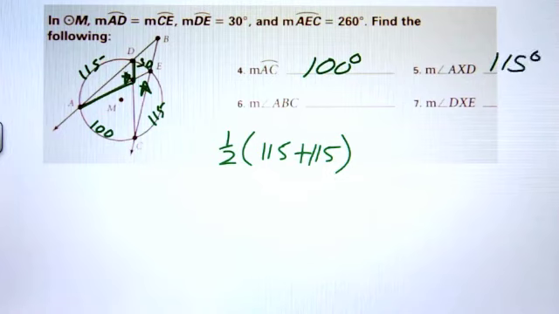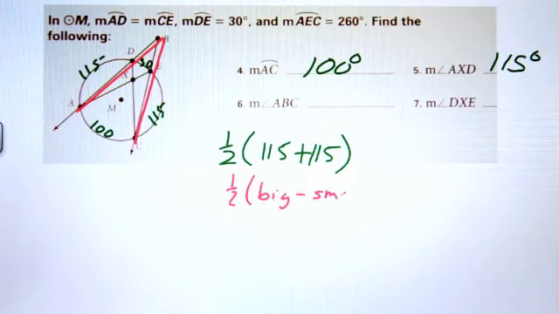Now what's the measure of angle ABC? I've got to figure out where ABC is. Okay. Angle ABC is out there. Now that's a point outside the circle. So when it's outside, it's half of the big minus the small.